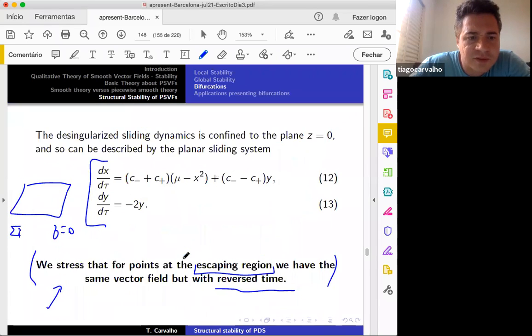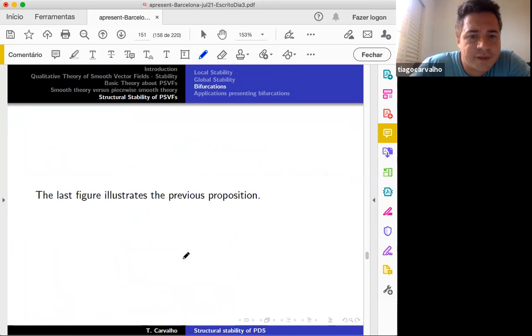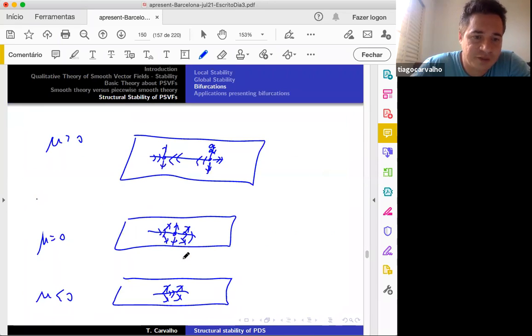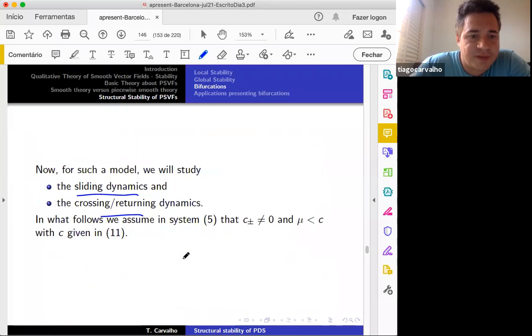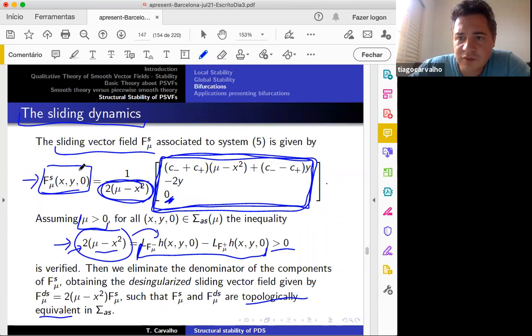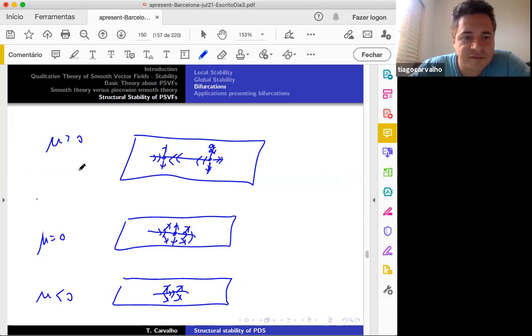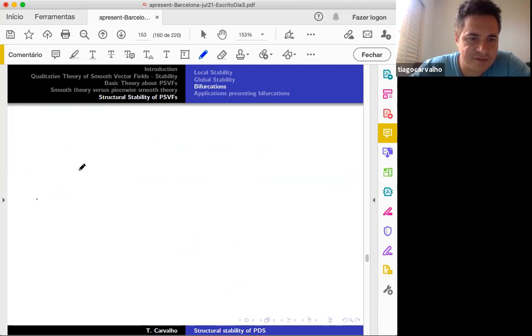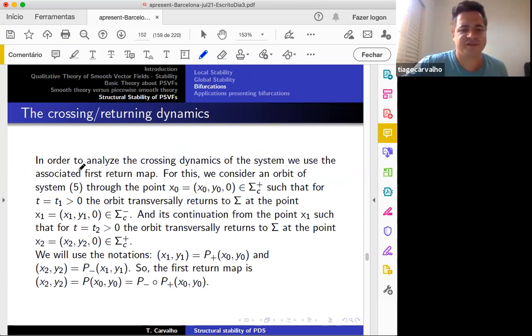So with this, we can understand the sliding dynamics. The sliding dynamics have this bifurcation, and also the crossing or returning dynamics will present bifurcation.